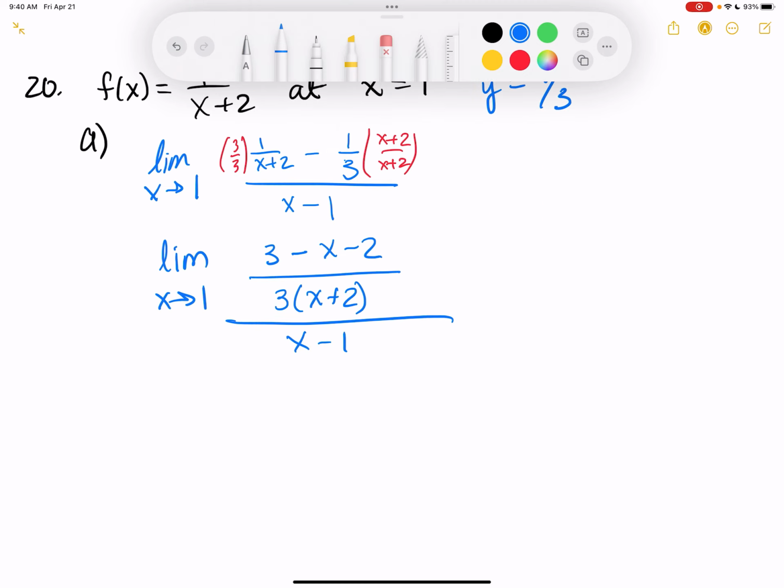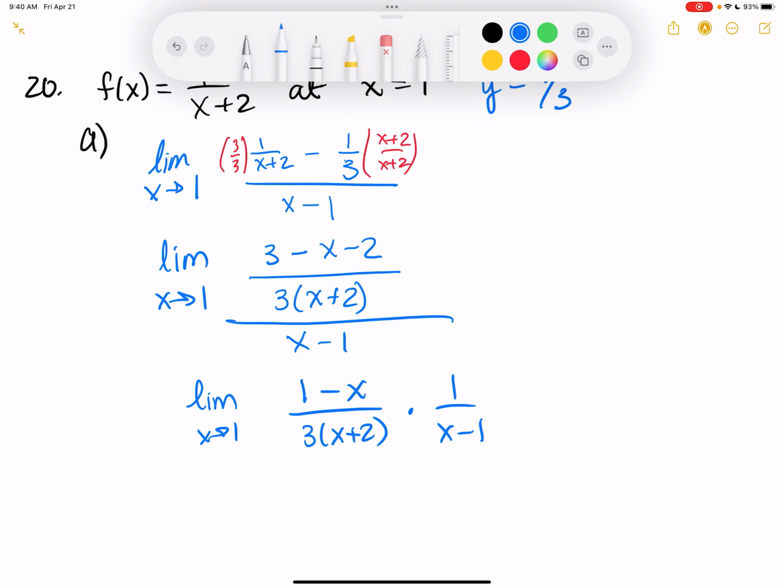Alright, so then we have the limit as x approaches 1 of 1 minus x over 3 times x plus 2. I'm going to rewrite this as multiplication by 1 over x minus 1. Do we see why I did that?